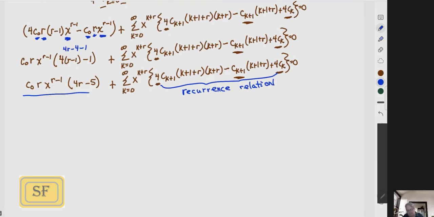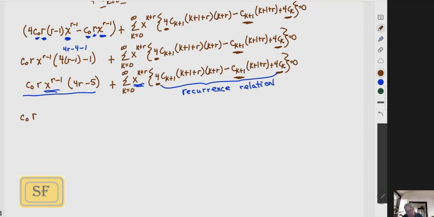Along with this is the coefficient of the x to the r minus 1 term. And then when k is 0, we're going to have x to the r terms here. And then k equals 1, increase the power by 1, and so forth. And we know that everything is 0. So just like before, all of our coefficients have to be 0, which tells us that our coefficient here, notice we get c sub 0 times r.